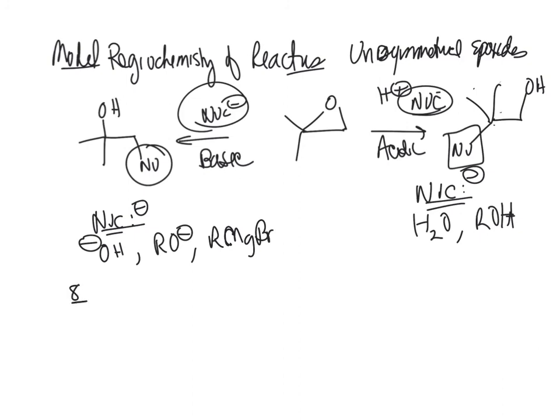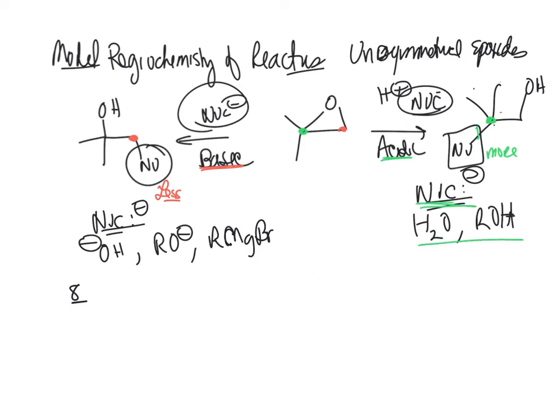Okay, 8. Under acidic conditions, the nucleophile attacks which, the more or less substituted? So it's attacking this carbon. So under acidic conditions, it's attacking the more substituted. Under basic conditions, it's attacking the less substituted. And it asks, so what nucleophiles under acidic conditions?